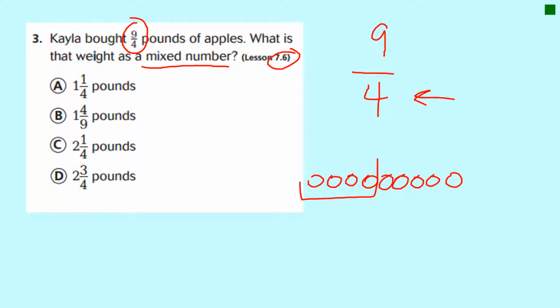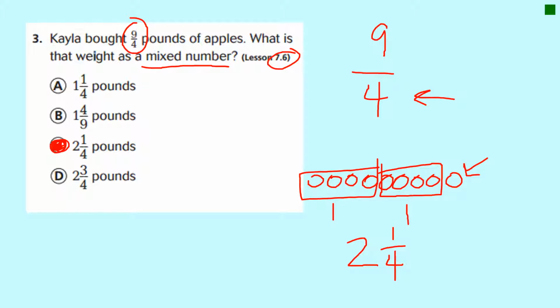And if you put 4 in a set, that makes 1 pound. If you put 4 more in a set, that makes another pound. And then we have this little precious one over here, 1 out of 4 that make a pound. So that's 2 1/4 pounds, which is C.